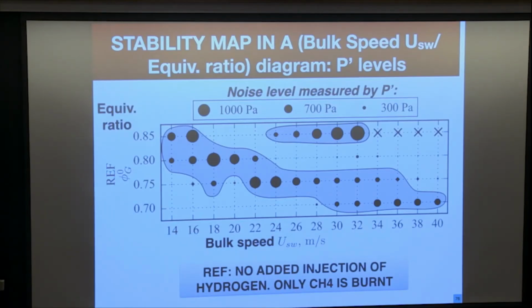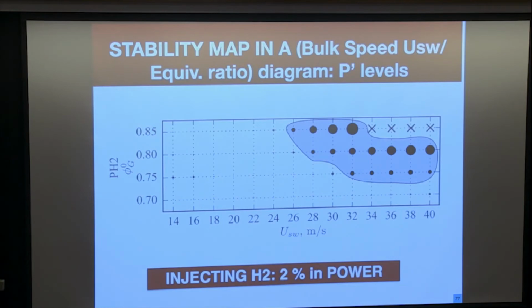And the other thing you don't see here, but we did it too, is you can look at the operation of the system. This system, like all flames, has problems of noise. It's making too much noise in a wide range of parameters. When you add a little bit of hydrogen, all this noise goes away, which means really that you can operate the system here.